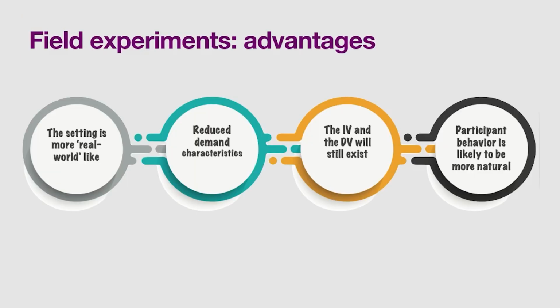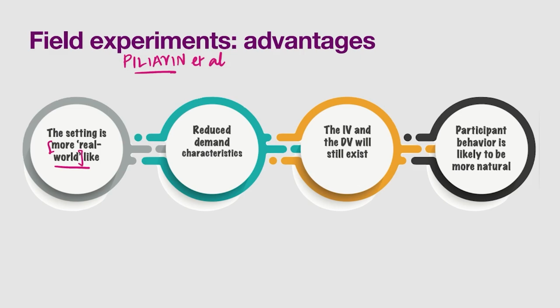Now let's talk about field experiments, and the field experiment that I already referred to is that of Piliavin's, and we'll use that to go over the advantages and the downsides of field experiments in general. Piliavin's experiment, as you know now, was conducted on a subway, which is literally the real world itself.